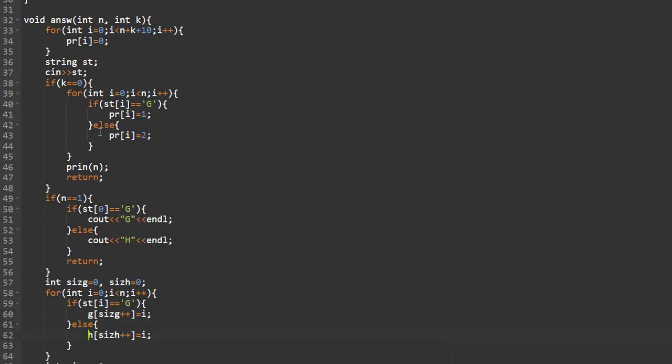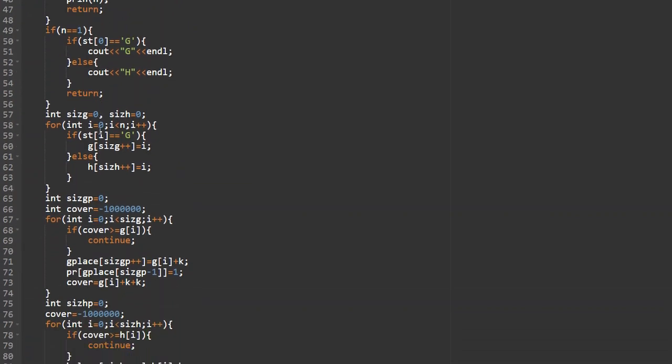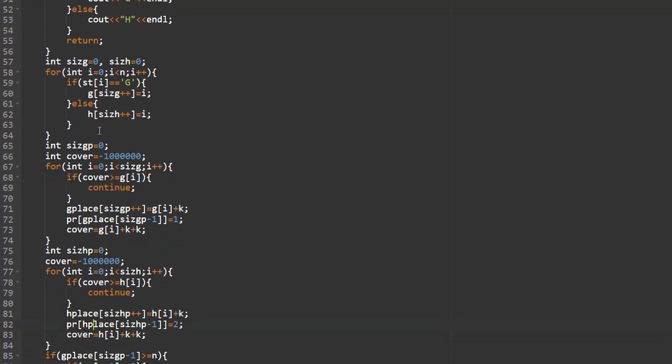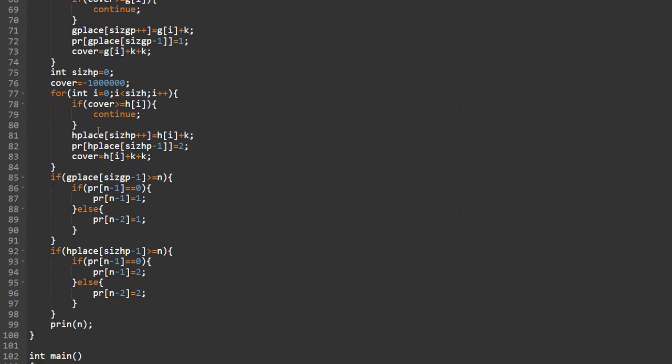I've considered two arrays for g and h. I consider indices, then cover, like the thing I told you, cover g, cover h. It covers all these things, and then I place h places, g places in our function f, the indices. And then at the end, if g place means you place g in array f, or here pr, the index is greater than or equal to n, then I set n minus 1 or n minus 2, one of them is at least empty and you can place it.